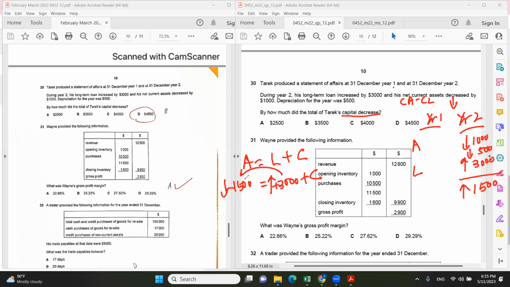Okay, bring this one to here. Negative 5,005 minus, this is positive, bring it to it, become minus, minus 3,000. So we get C. So C will be negative 4,500. So the capital should decrease by 4,005. Okay, using accounting equation.